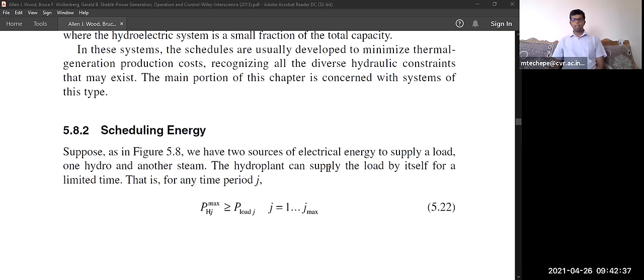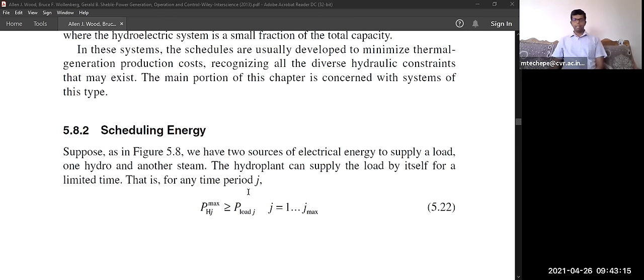The hydro power plant can supply the load by itself for a limited time, for any period of time j, say 8 hours, say 6 hours, depending on the amount of water in the dam. So hydro can supply the load by itself for a limited period of time.